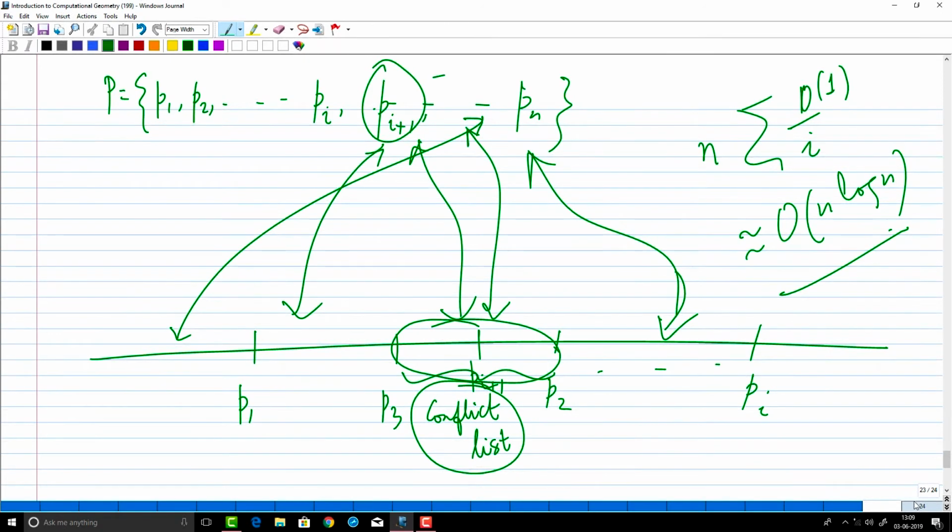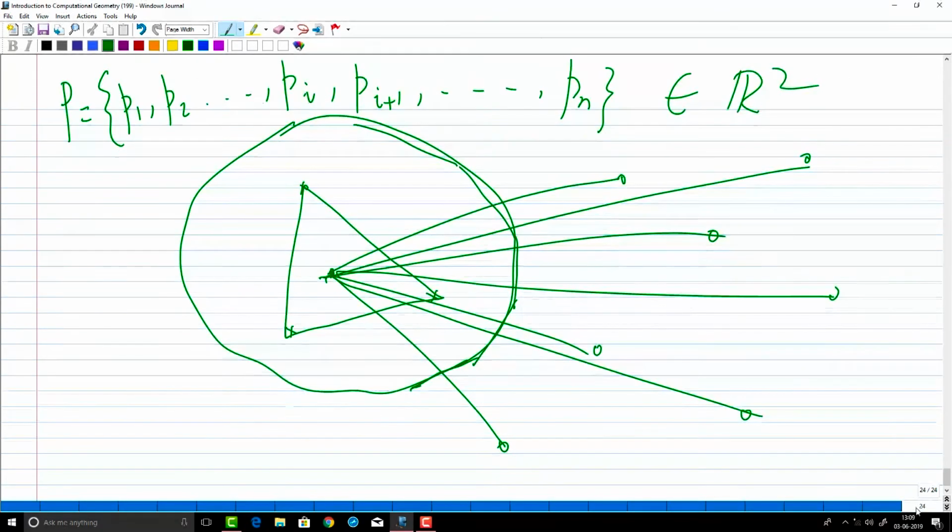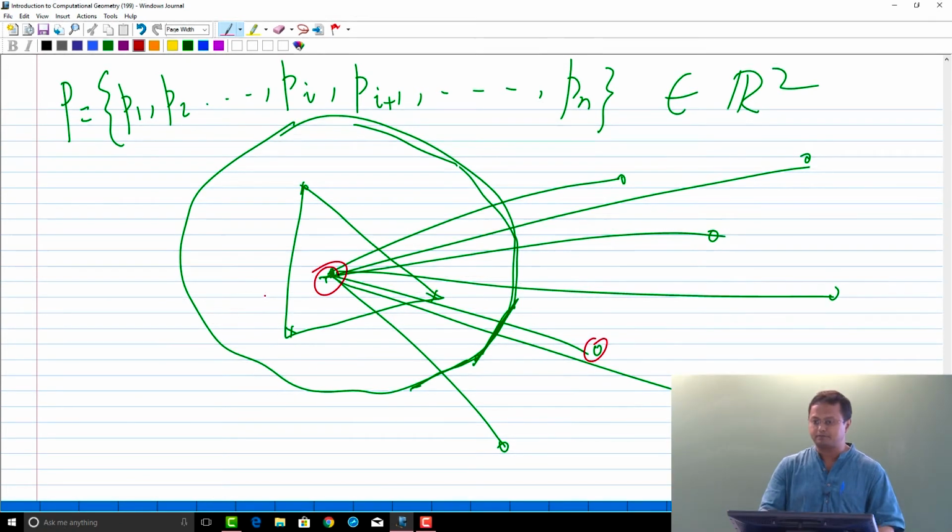So, similarly for the convex hull, for each edge I know what are the points that are in conflict, and for each point I know what is the edge it is going to cut to get into this centroid. Again, the same structure, fine.